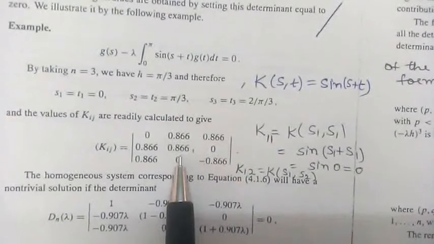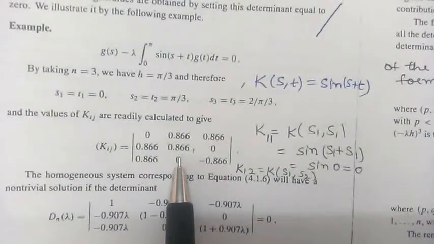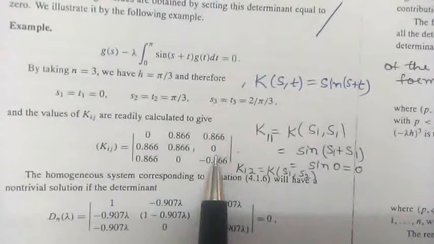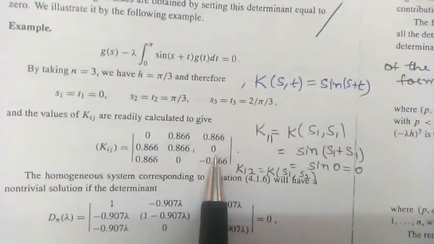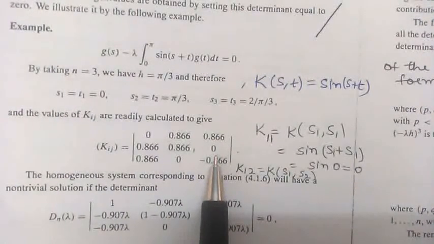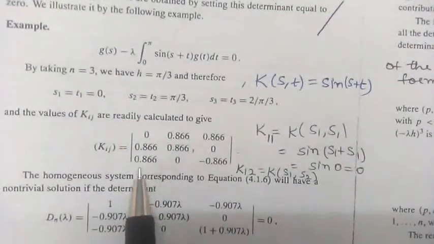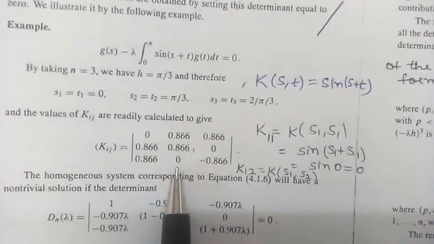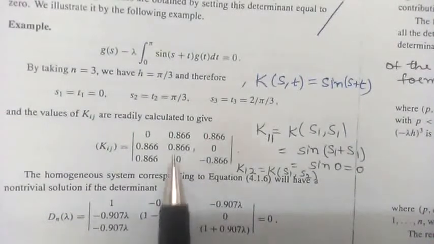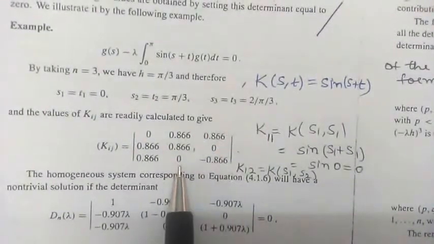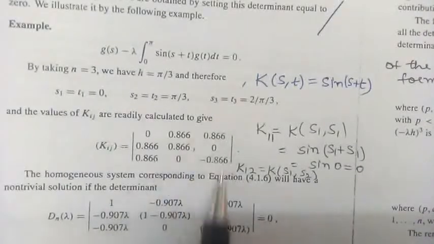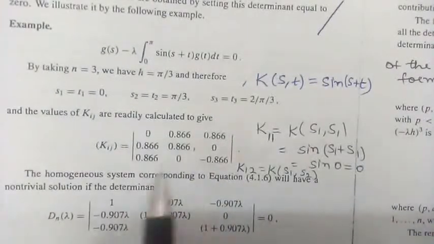Similarly k22 will also be sin pi by 3, which is 0.866. Next k23 will be sin pi, which is 0. K31 will also be sin pi by 3. Next k32 will also be sin pi, which is 0. So in this way you can find all the values.